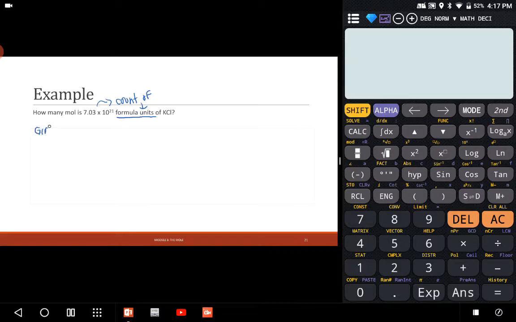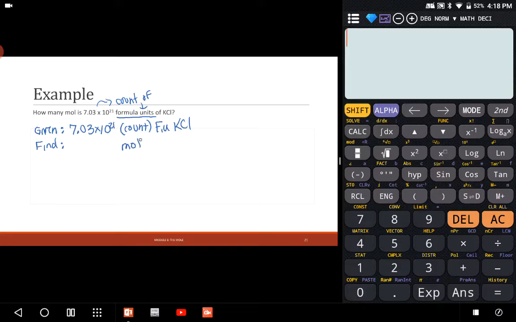And so we're given 7.03 times 10 to the 21st power. Formula units is very long, and so I'm going to write count formula unit KCl.